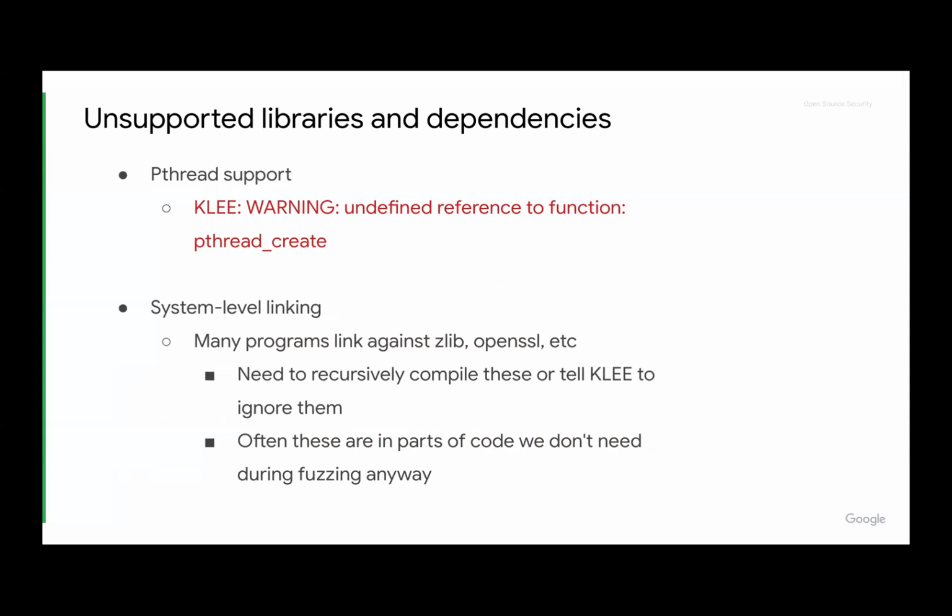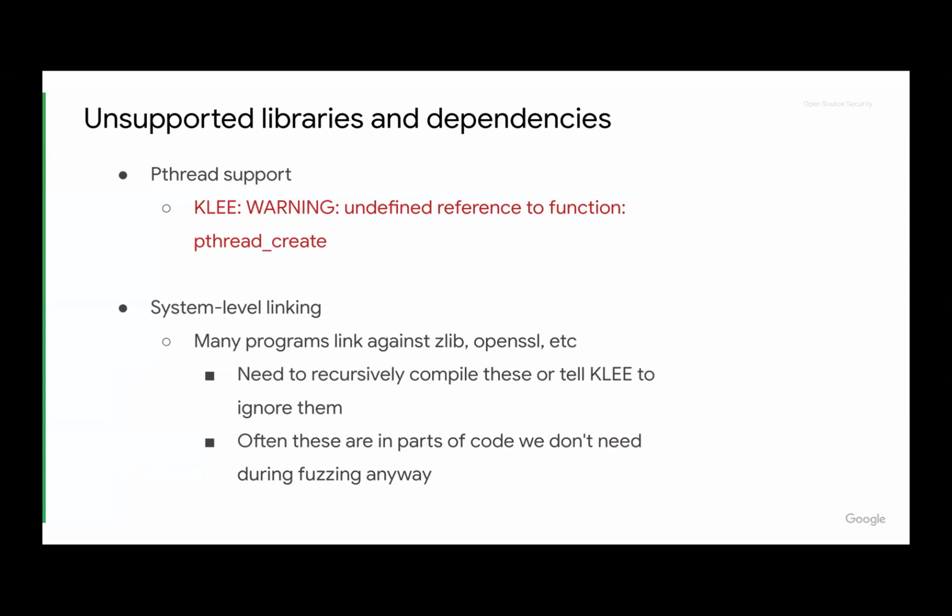Another problem we encountered was the use of multi-threaded programs and system-level linking. Many programs in FuzzBench and OSS Fuzz link against libraries that are installed on the system, such as OpenSSL or zlib and so on.